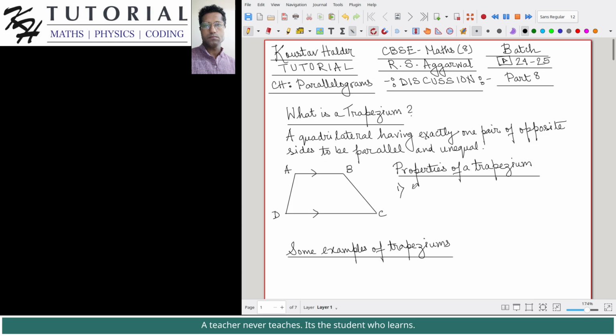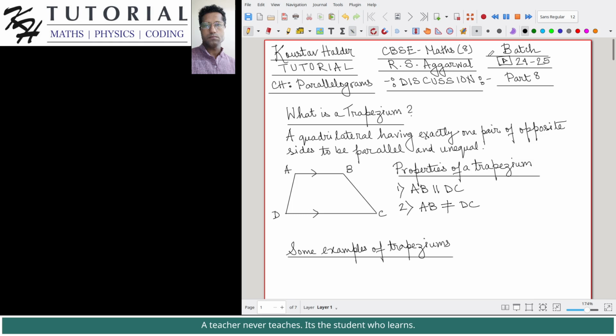So in this figure AB is parallel to DC. Also, the parallel sides must be unequal, that is AB is not equal to DC, because the moment AB becomes equal to DC, it will become a parallelogram, because in any quadrilateral, if one pair of opposite sides are parallel and equal, it becomes a parallelogram, and trapezium is not a parallelogram.